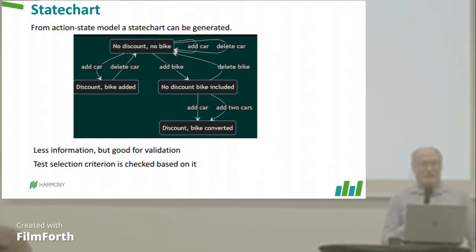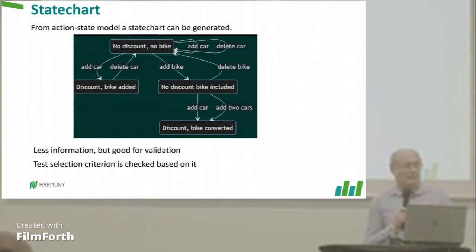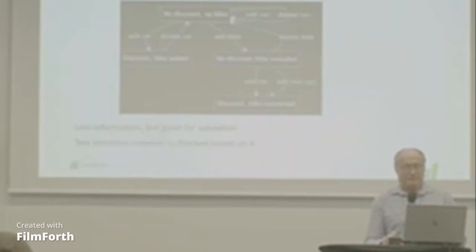An advantage of this method is that the original textual model can be converted to a state chart. And a state chart consists of less information, but it's very good for validation. I will show you. And based on this, we can select different test selection criteria.